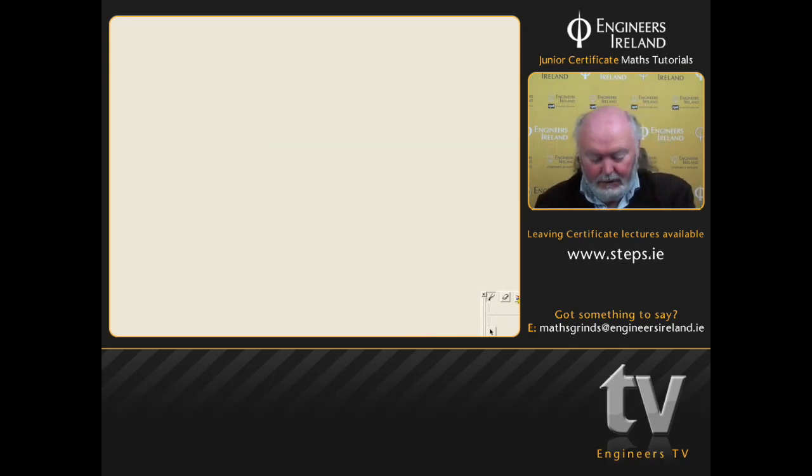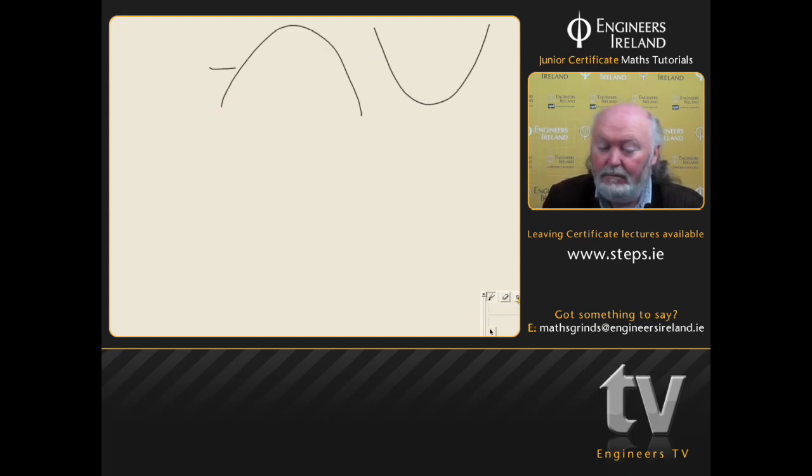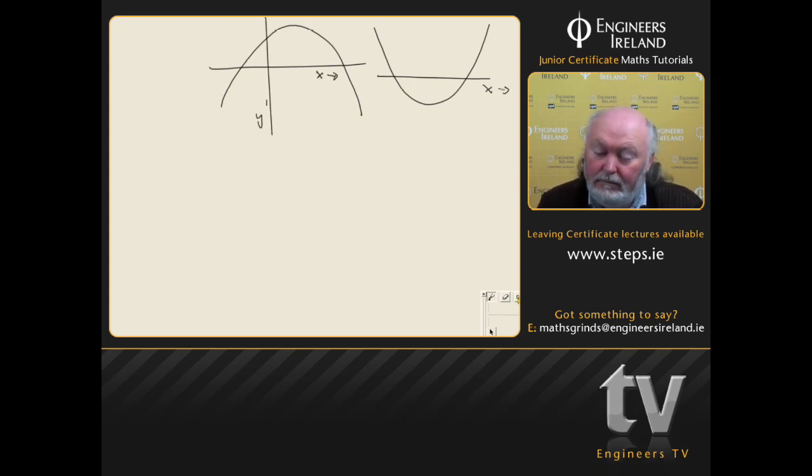We have two types of functions now that we have to look at in relation to quadratics, and we've already discussed them. How do we distinguish between them? Because both of these have this form.